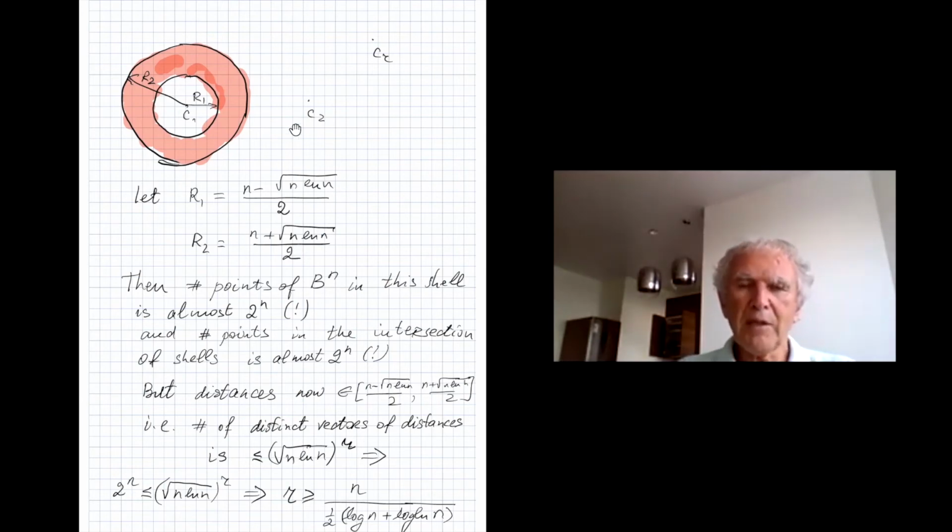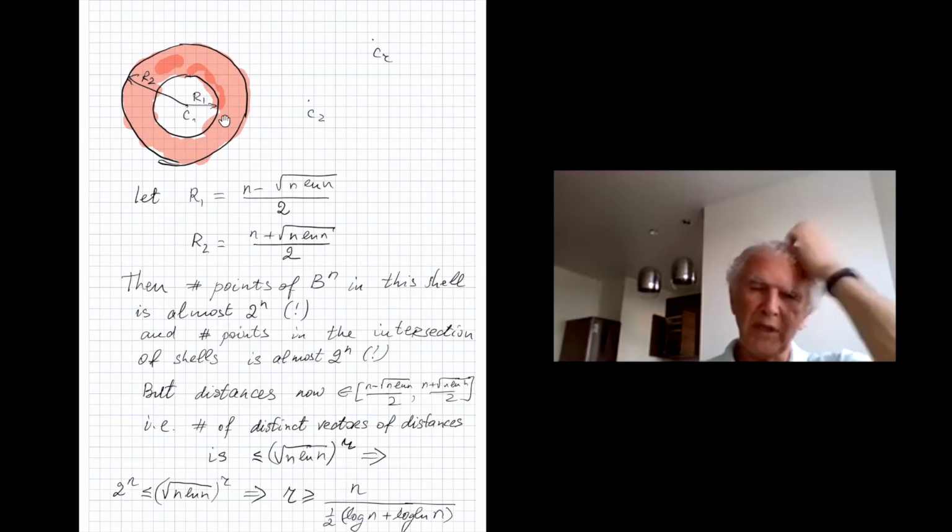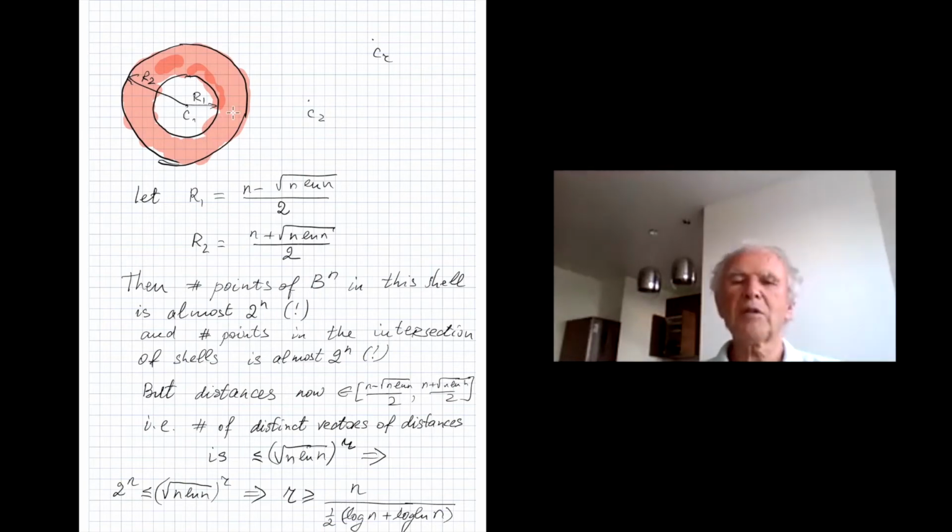So consider a shell around point C1. I mean, consider the sphere of radius r1, which is n minus square root of n log n, divided by 2, and r2 slightly bigger, n plus square root of n log n.